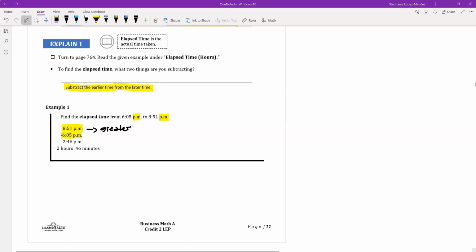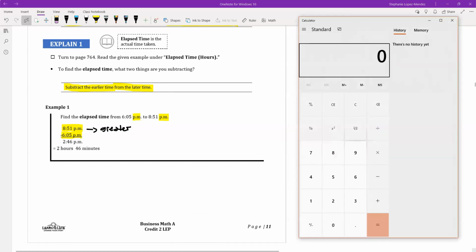Okay, so if we go to our calculator, we have 8.51 minus 6.05. My result is 2.46. Now in time we have 8:51 p.m., right?